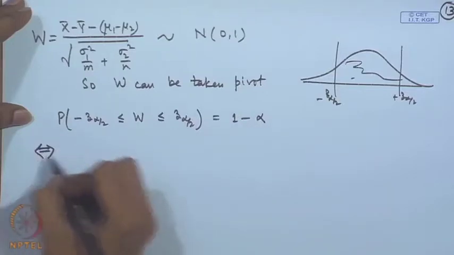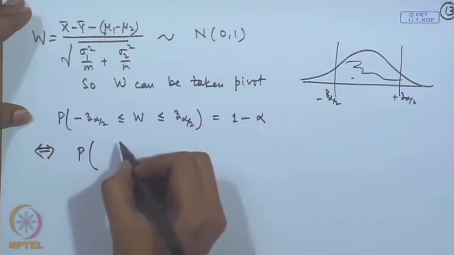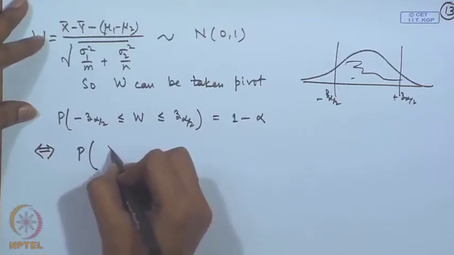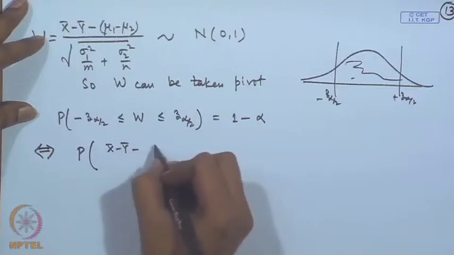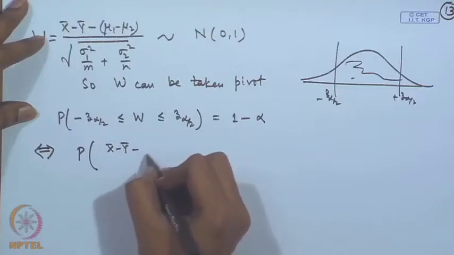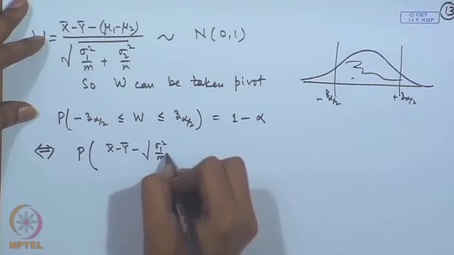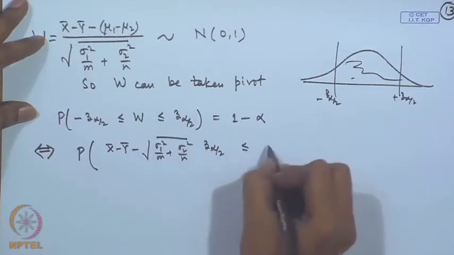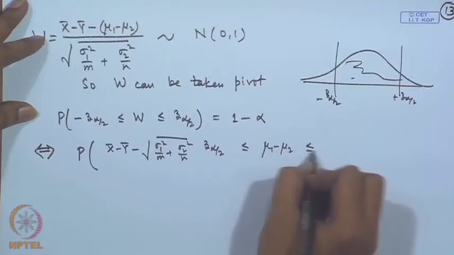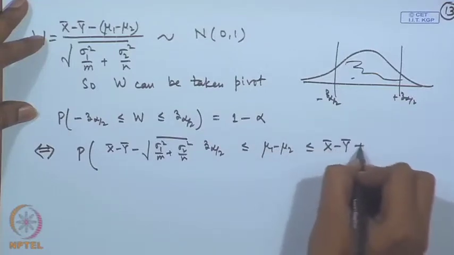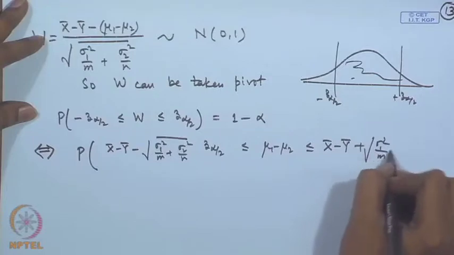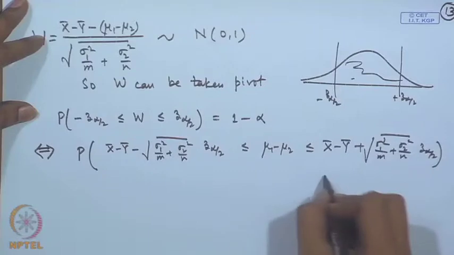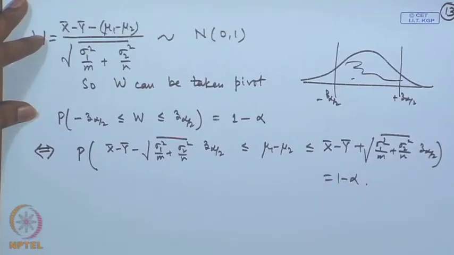This is equivalent to the statement probability of x bar minus y bar minus square root of (sigma1 square by m plus sigma2 square by n) z alpha by 2 less than or equal to mu1 minus mu2 less than or equal to x bar minus y bar plus square root of (sigma1 square by m plus sigma2 square by n) z alpha by 2, that is equal to 1 minus alpha.